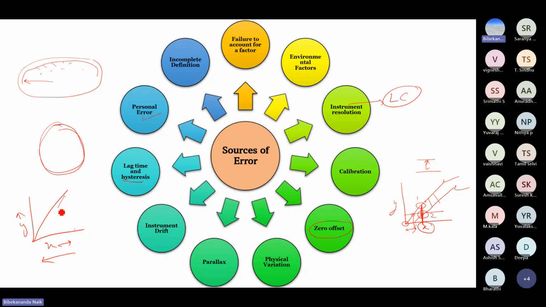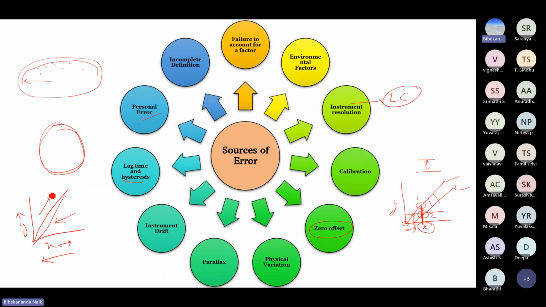It comes like this. So this is from higher to lower value, and this is from lower to higher, increasing value. Corresponding to these two lines, there are two different values. So depending upon the direction of measurement, there is some error which is called hysteresis error, and this type of error is also present in calibration factors.